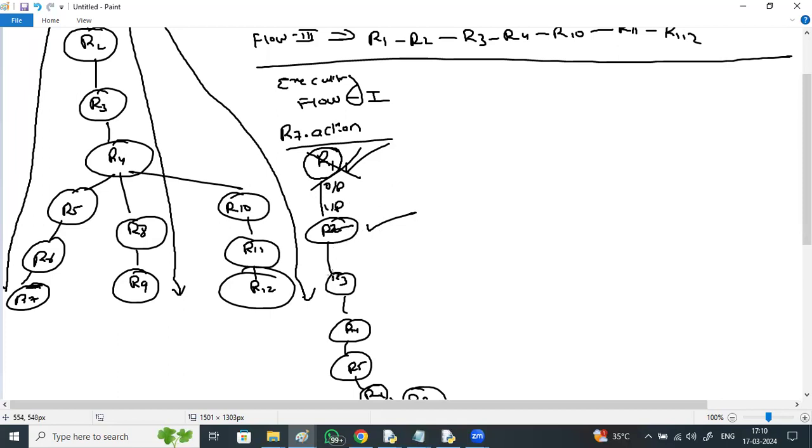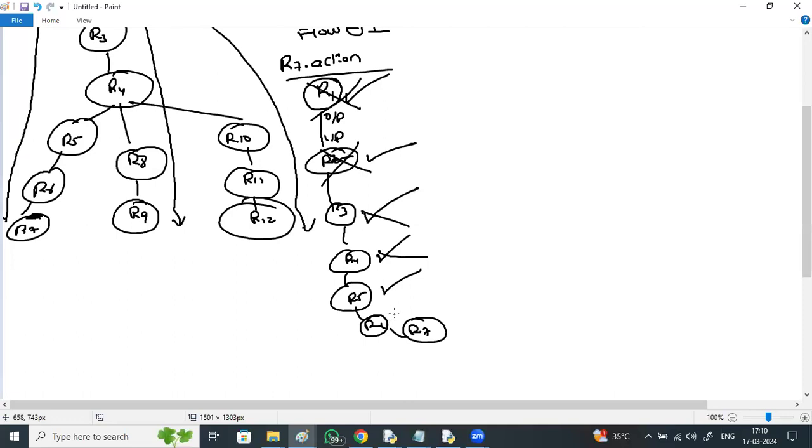When R3 is loaded and computed, R2 gets removed. When R4 is ready, R3 gets removed. When R5 is ready, R4 gets removed. When R6 is ready, R5 gets removed. When R7 is ready, R6 gets removed. When the total output is collected, R7 is removed.